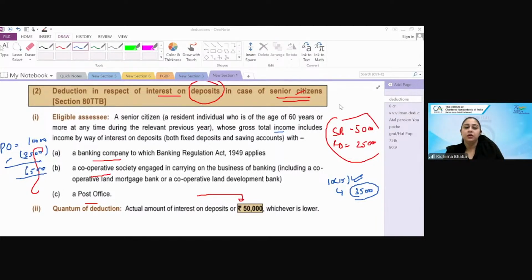Then we did 80IE, while this time leaving.